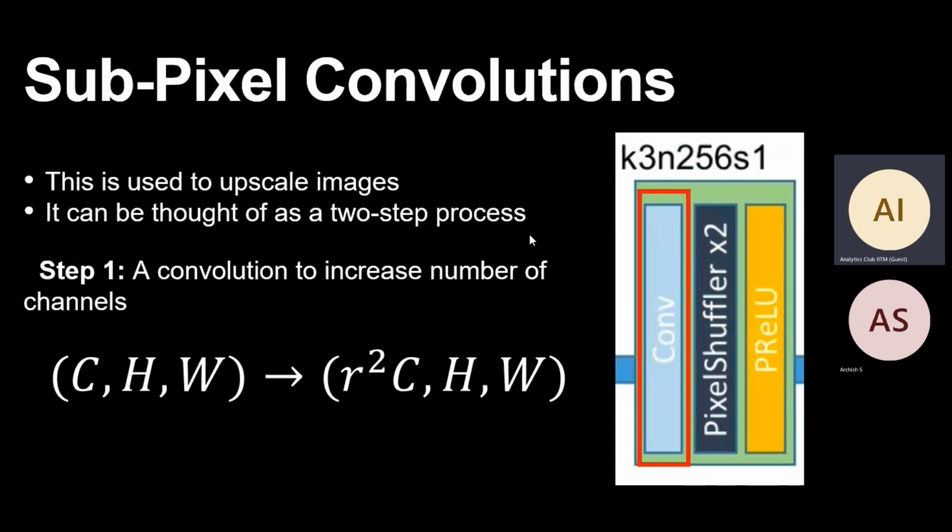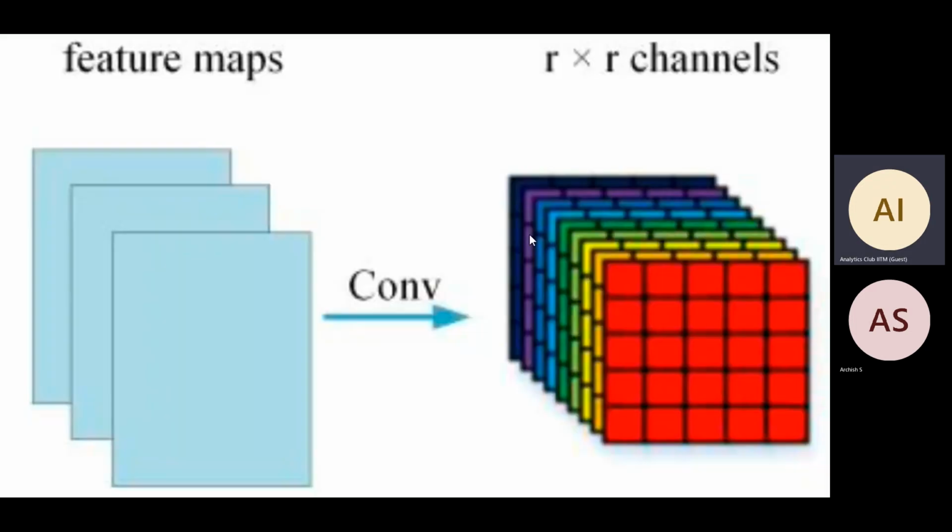Suppose you want to increase your image size by a factor of R, then you will increase the number of channels in your image by R square. You can think of this as taking each channel in your input image and dividing it into R square different channels. That's what step one is.